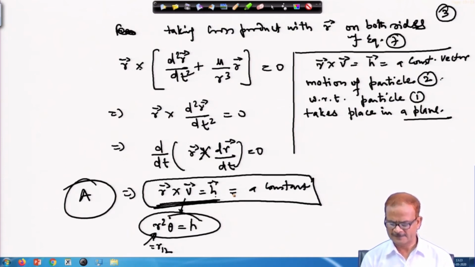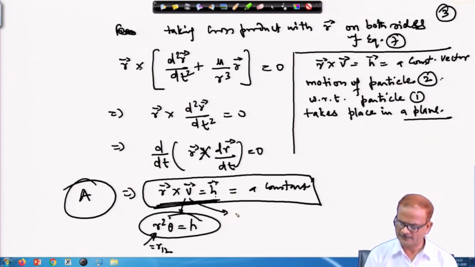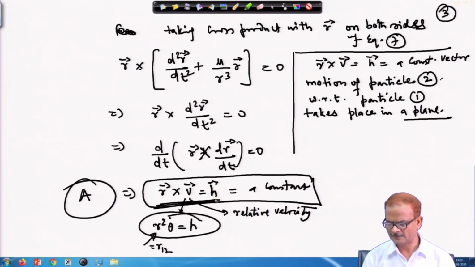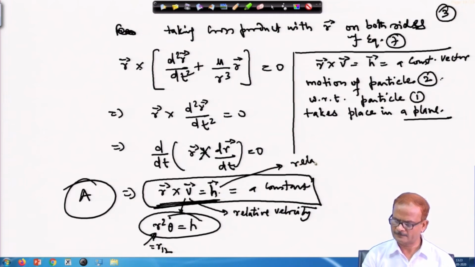So, this way we are describing. Here v is not the absolute velocity, this is the relative velocity, and therefore, h is not the absolute angular momentum of particle 2. Because this is a relative velocity, this is also relative angular momentum.